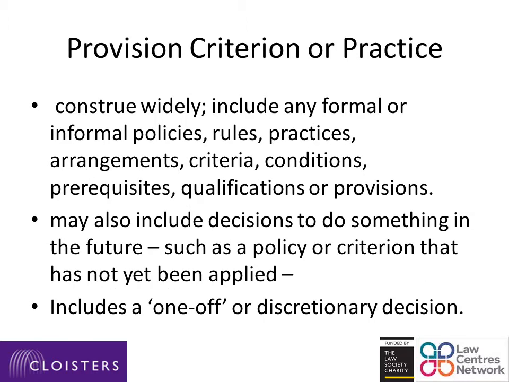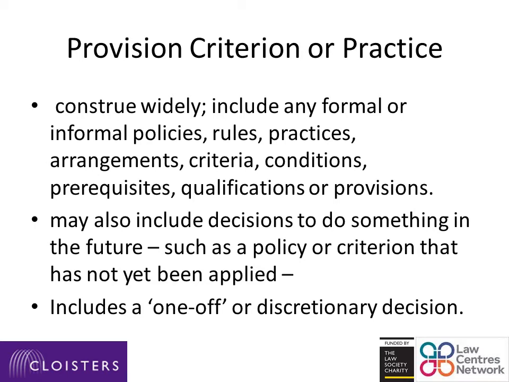So what is a PCP, or provision, criterion or practice? You have to construe this concept widely, and it's going to include any formal or informal policies, rules, practices, arrangements, criteria, conditions, prerequisites, qualifications or provisions. But it can also include decisions to do something in the future, such as criteria that haven't been applied yet.